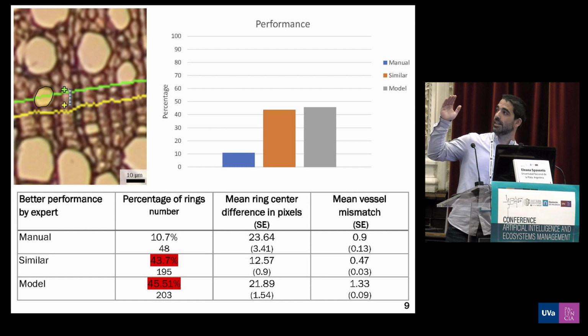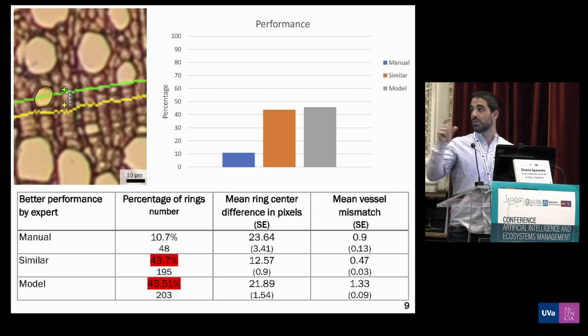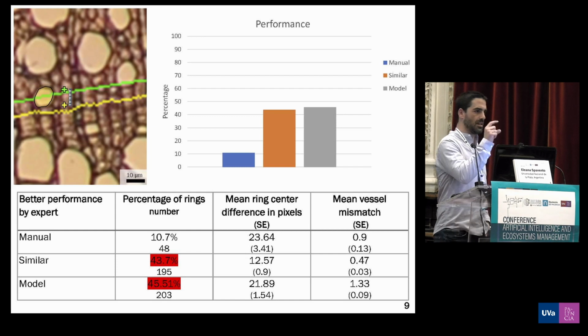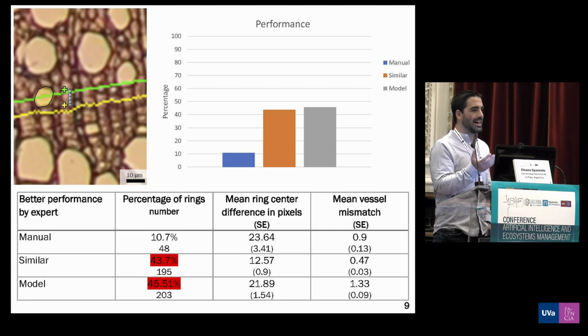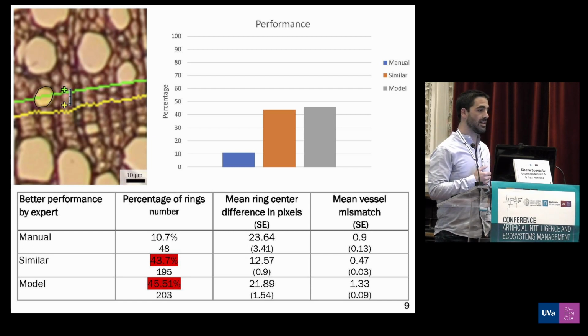There was a difference in the mean ring center in pixels, but it was really, really low, 12 pixels of difference, and it wasn't a difference in the cell mismatch of the rings.